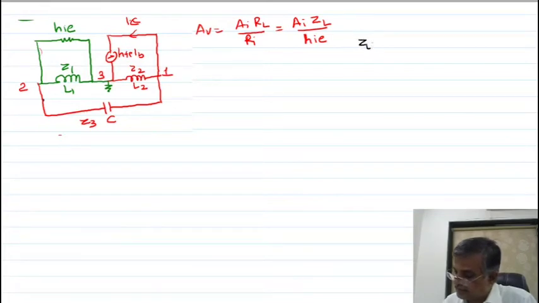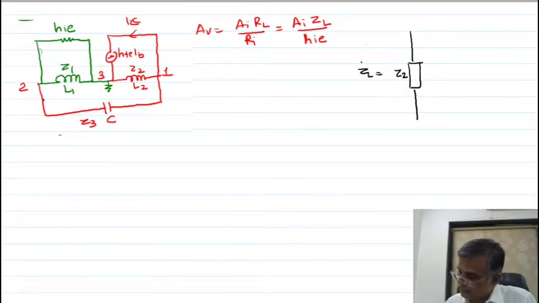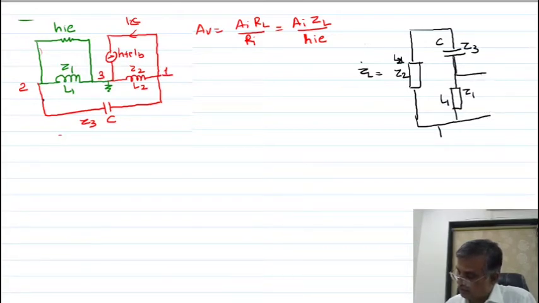ZL is nothing but this Z2, and in series with it Z3, meaning capacitors, while these are inductors, L2, and with this Z1, that is L1, and here it is HIE.